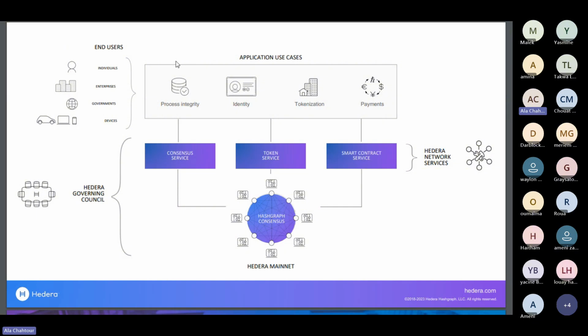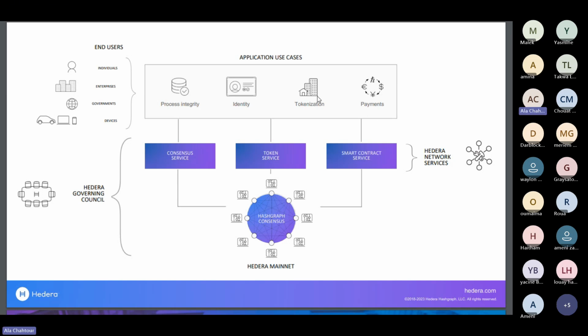We can build applications using those services. For example, I can create an application for identity, an application for tokenization, an application for payments, any type of application that I want, using those services.